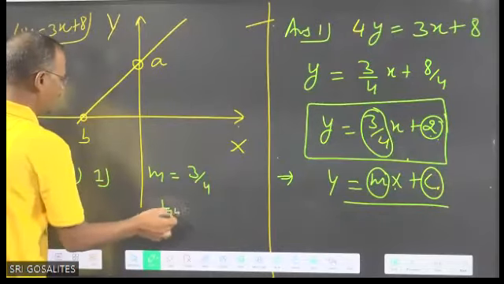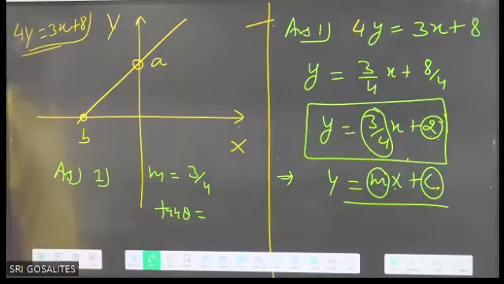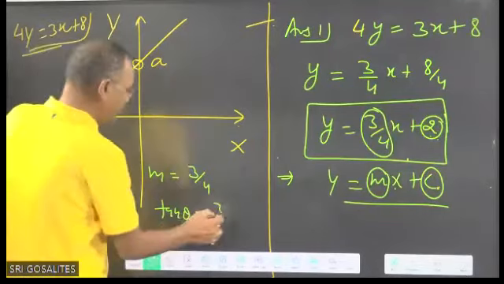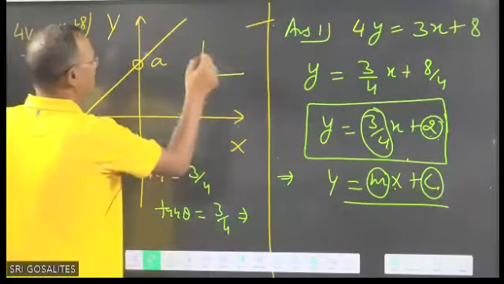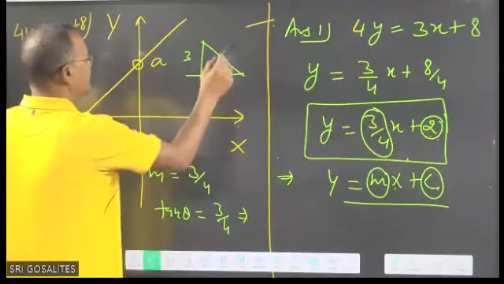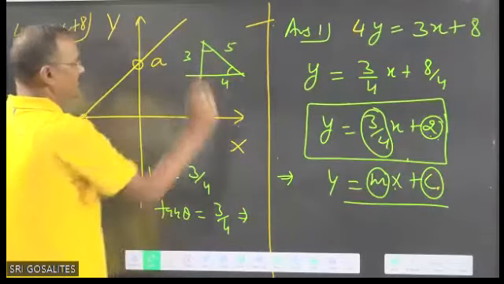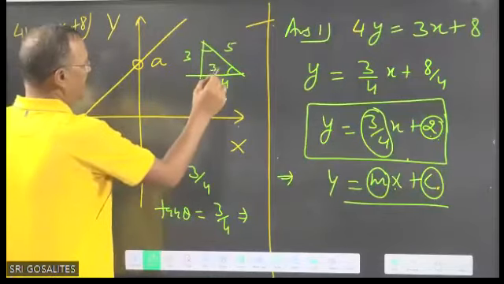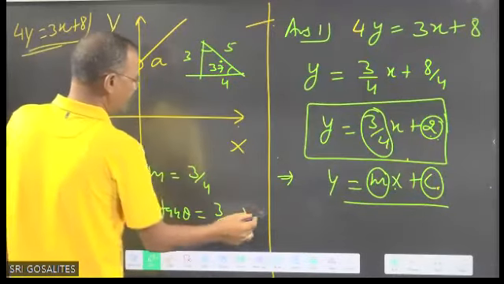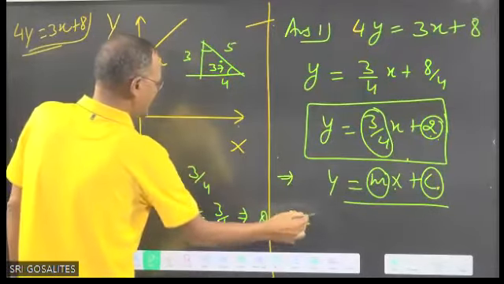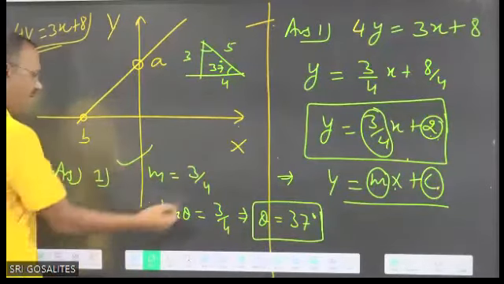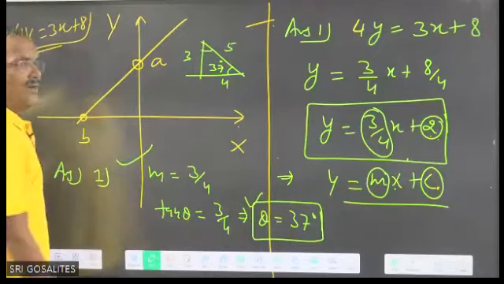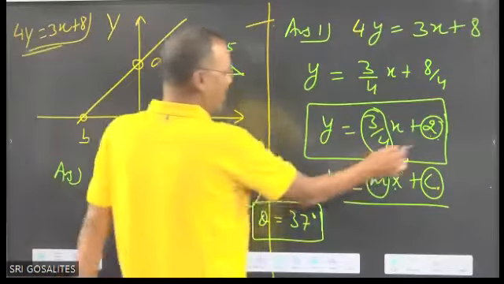From m we can conclude the angle, because what is m? Tan theta it is. Do you know if tan theta is 3 by 4? You may be knowing this triangle. It's 37, it's 53. So this angle will be 37. So now we got two results, m and theta. Now what about the c? Not a problem.